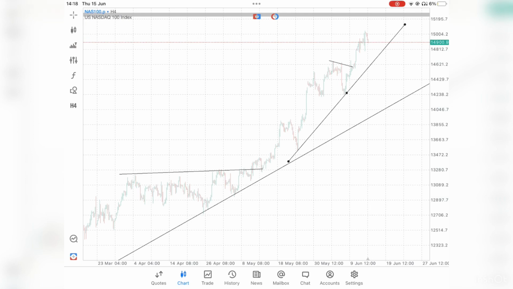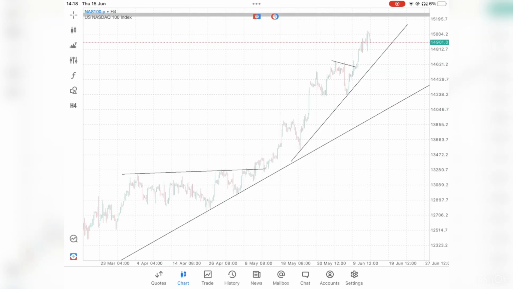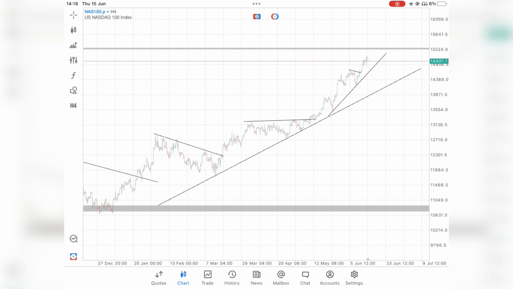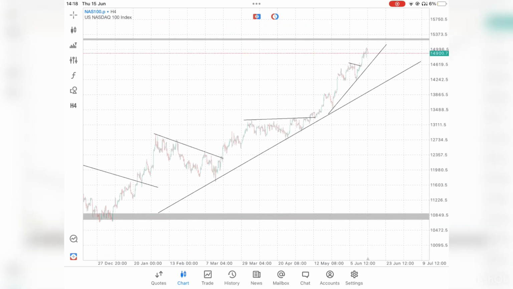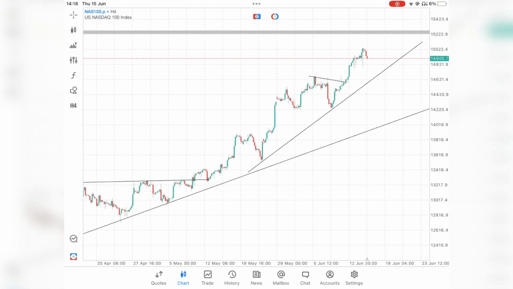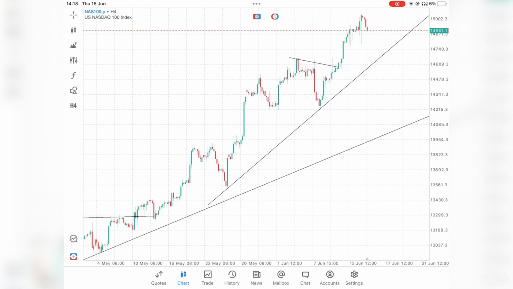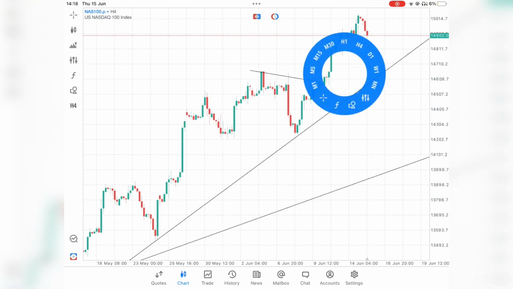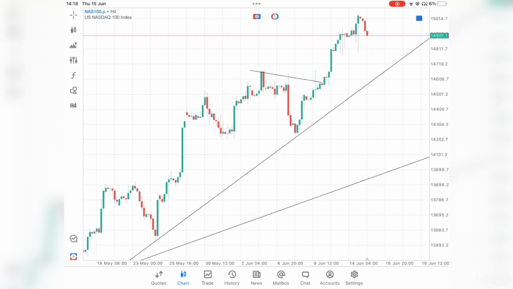As you can see, I'm adjusting my trend lines, ensuring that they're properly placed. It's very important to do that so that you can always have a clear mind and not have complicated charts. Let me just delete this.